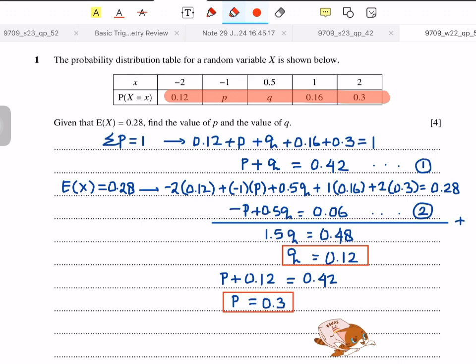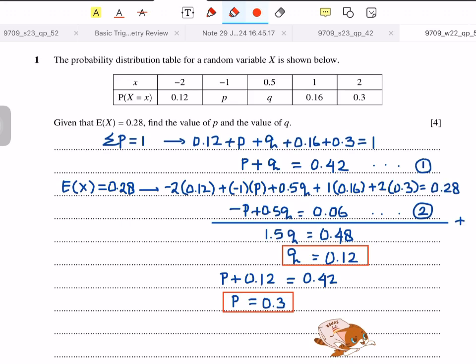And then from the question we know that the expected value of X is 0.28. So using the formula for the expected value, sigma X times P, so negative 2 times 0.12 plus negative 1 times P and so on until 2 times 0.3, and then equate the result with 0.28.